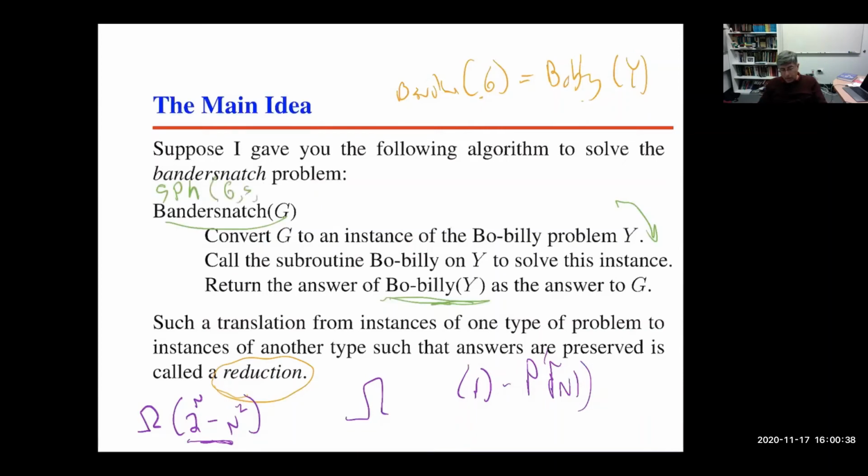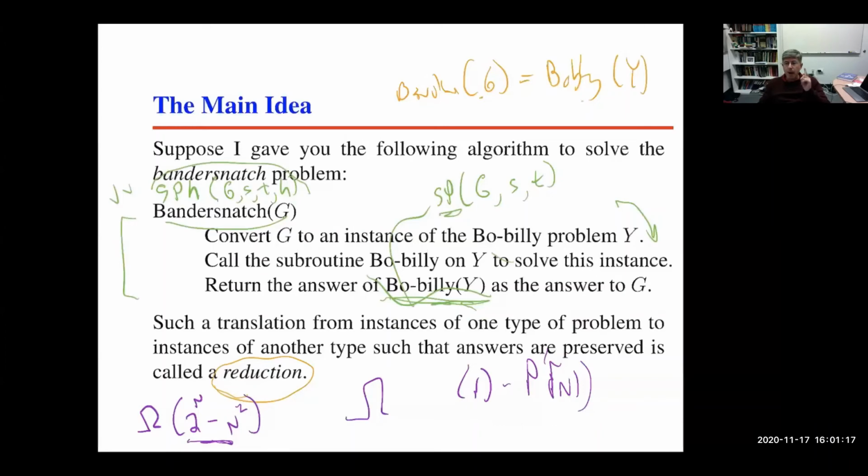I had G, S, T, K. And Bobilly was shortest path in a graph G from S to T. I showed that I could solve this problem by reducing it to general shortest path, okay? And in that case, I had a fast shortest path solver. So this gave me a fast shortest path of K edges solver, right?